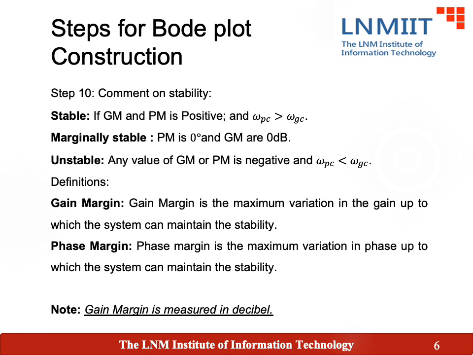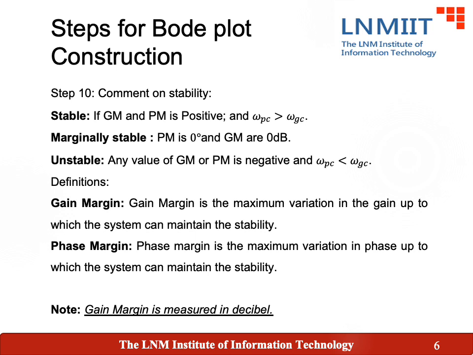Similarly, the system will be marginally stable if phase margin or gain margin is 0 degree and 0 dB. The system is called unstable if either the gain margin or the phase margin is negative, or the phase crossover frequency is less than the gain crossover frequency.